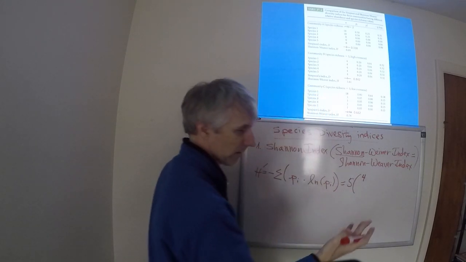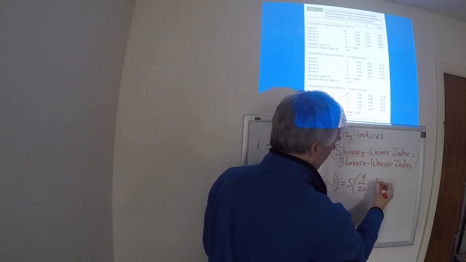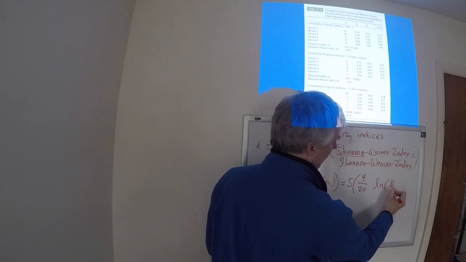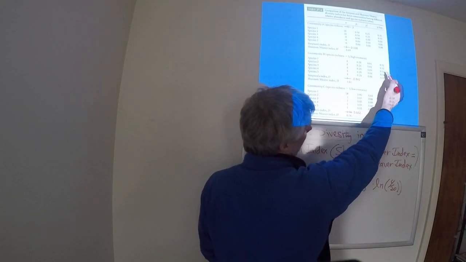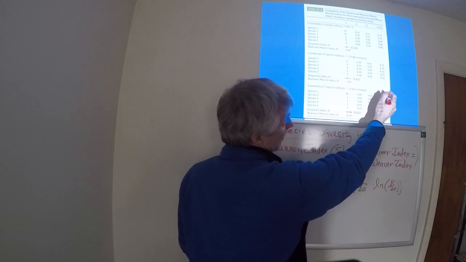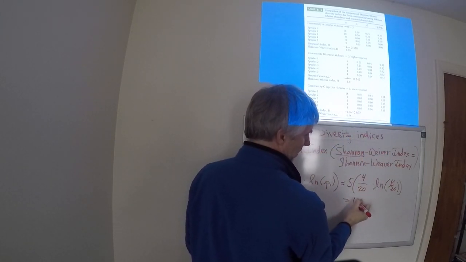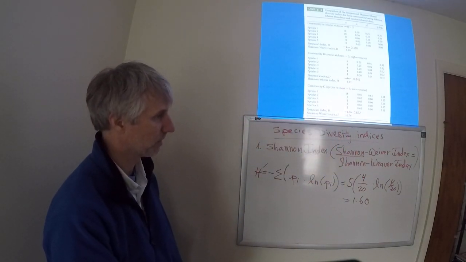I'm going to do that calculation 5 times for each of the 5 species: 4 over 20 times the natural log of 4 over 20. It looks like when you sum that up, you get 1.60, and again, it looks like they have a rounding issue.